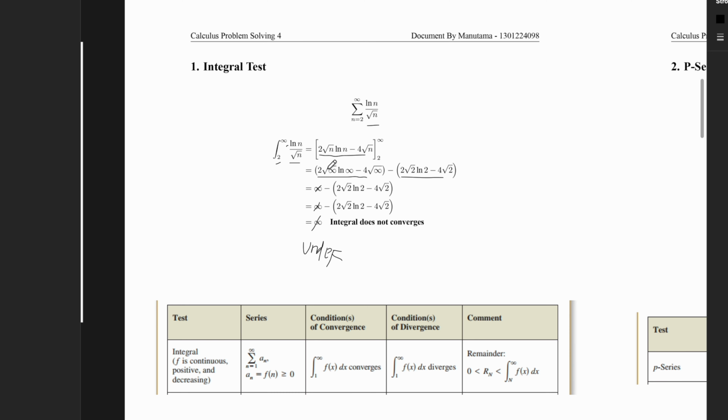Basically, is it minus infinity? I don't know, but what I got from the calculator is undefined. So I can conclude that undefined minus a number is still undefined. Therefore the integral does not converge, it is divergent.